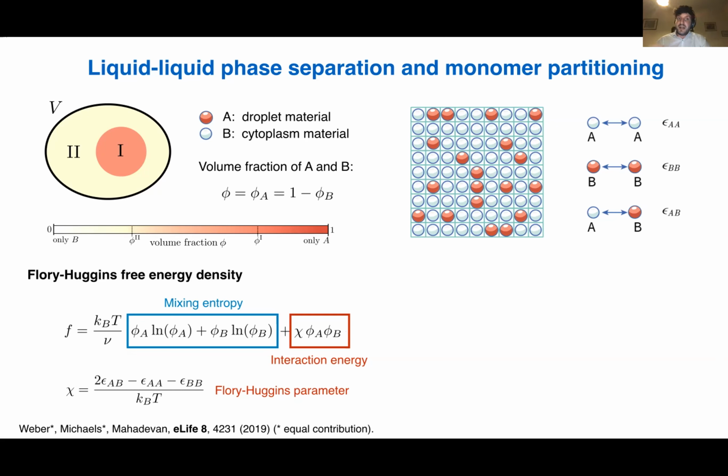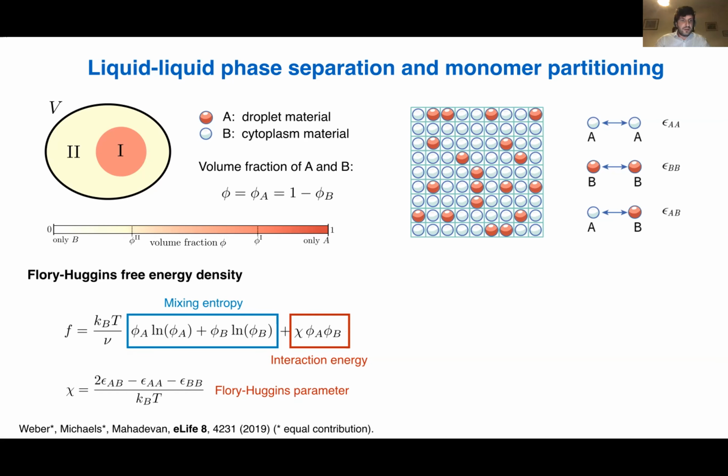But if the interaction between A and B is sufficiently disfavoring, this tendency is going to be counteracted, and so the system is going to phase separate. And so the key parameter that captures this relative interaction between the components is the famous chi parameter, which is the Flory-Huggins parameter and is set by the difference between the interaction energies of the different species.